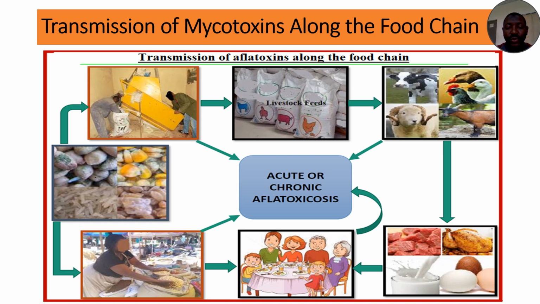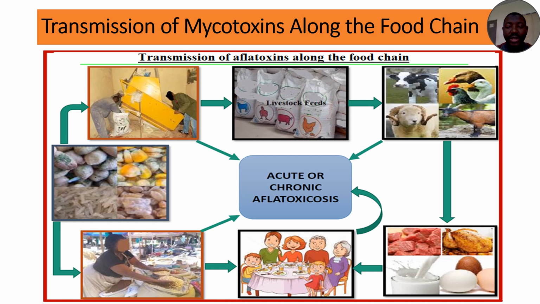So when these animals consume aflatoxin contaminated livestock feed, the products of these animals become contaminated with the mycotoxins, such as the meat, the milk, the eggs, all become contaminated because aflatoxins, just like other mycotoxins, remain persistent along the food chain. It is destroyed, it becomes denatured at a temperature of 270 degrees Celsius, which is far above the cooking temperature.